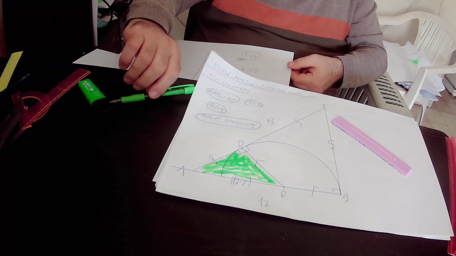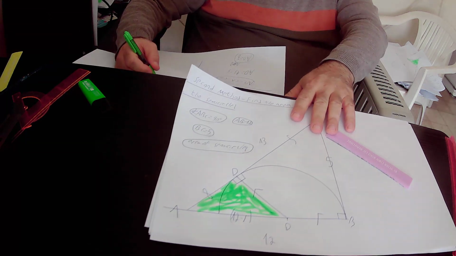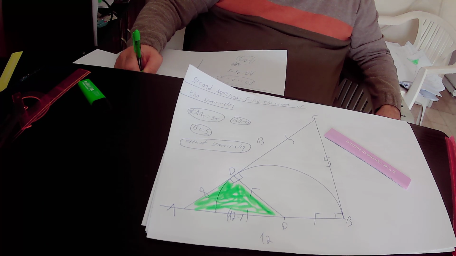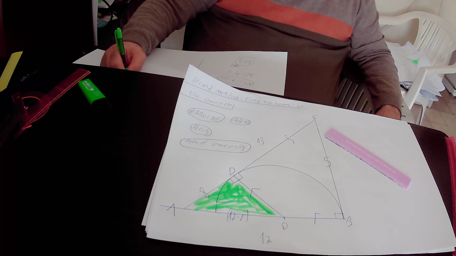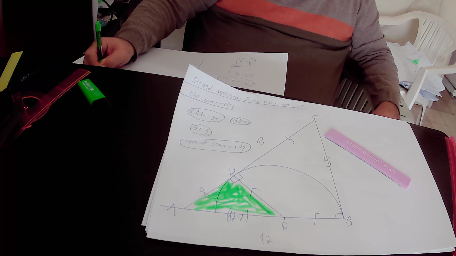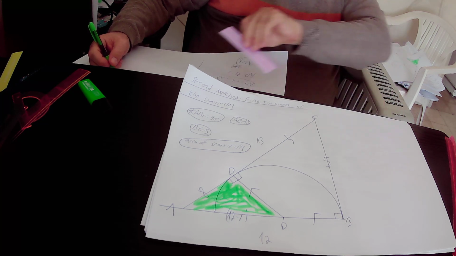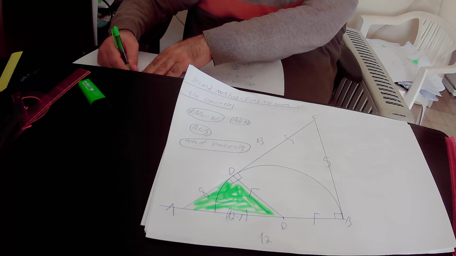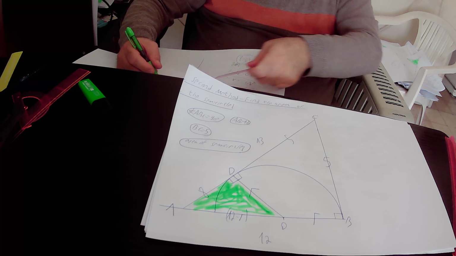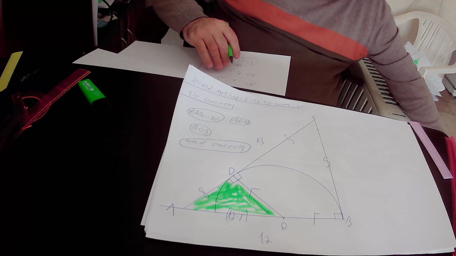So in the green right triangle, triangle ADO, according to the Pythagoras theorem, the square of the hypotenuse equals the sum of the squares of the perpendiculars.